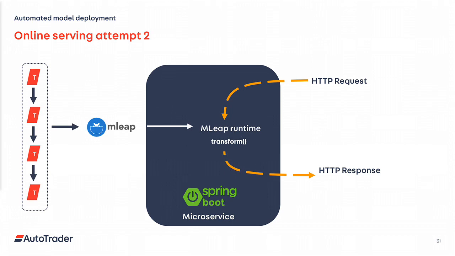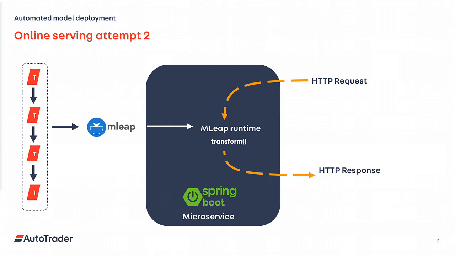So the second attempt was more successful, and we used a technology here called MLeap. So MLeap provides a runtime that's specifically designed to serve low latency predictions from an ML pipeline. The only caveat is that you have to take your ML pipeline and convert it into MLeap's custom format before you can use it. So we took our serialized ML pipeline, converted it to MLeap, and then used an MLeap runtime running in our microservice.